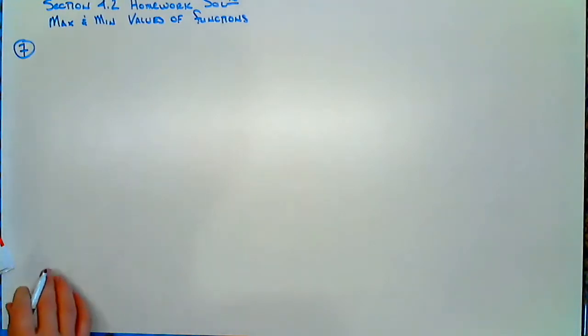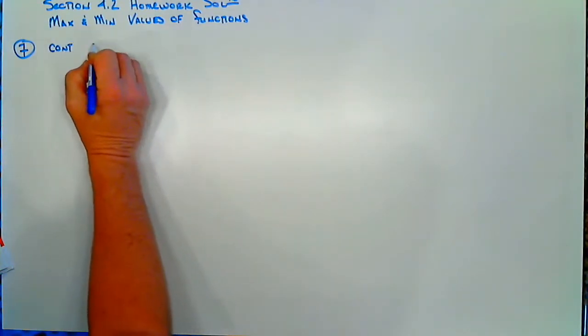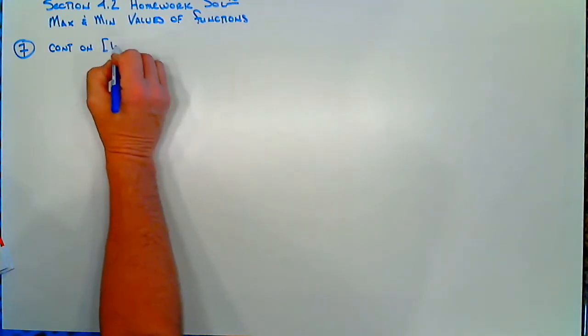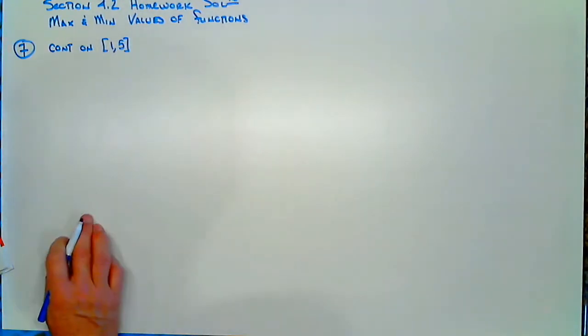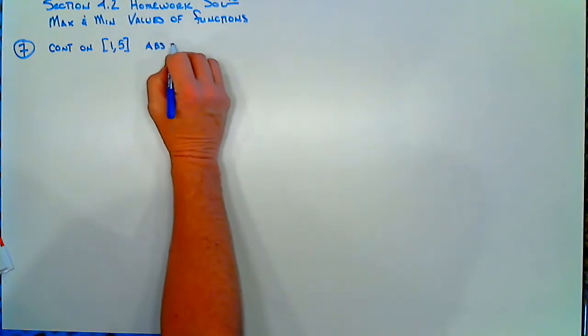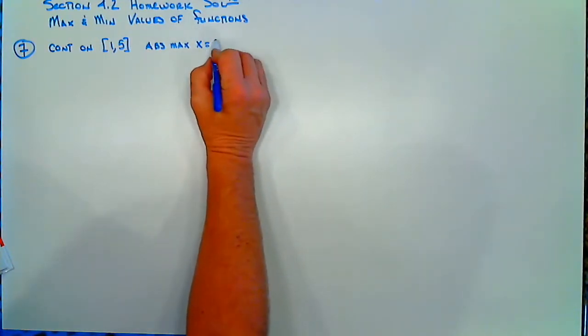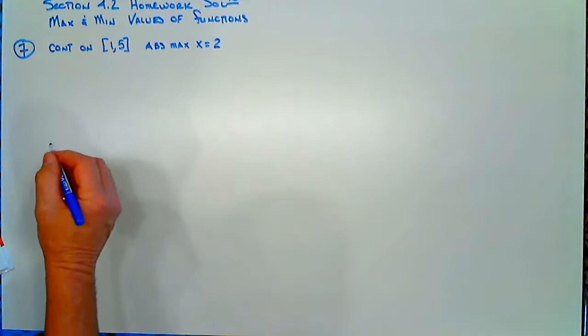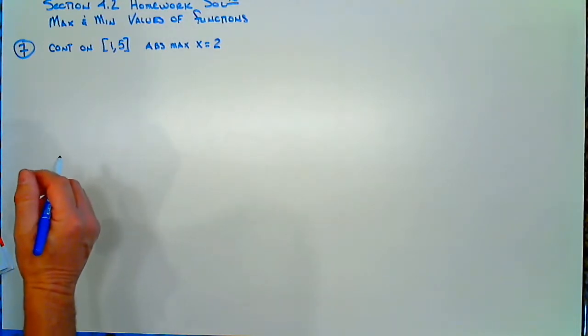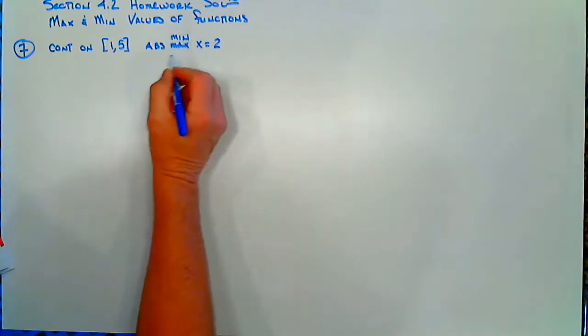Now, question number 7 says, sketch the graph of a function f that is continuous on 1 to 5 and has the given properties. So we're continuous on the closed interval from 1 to 5, and what are the properties they've asked for? We need an absolute min at x equals 2.